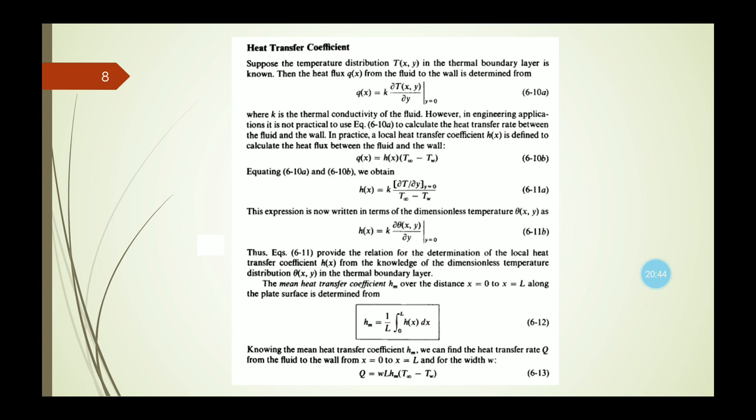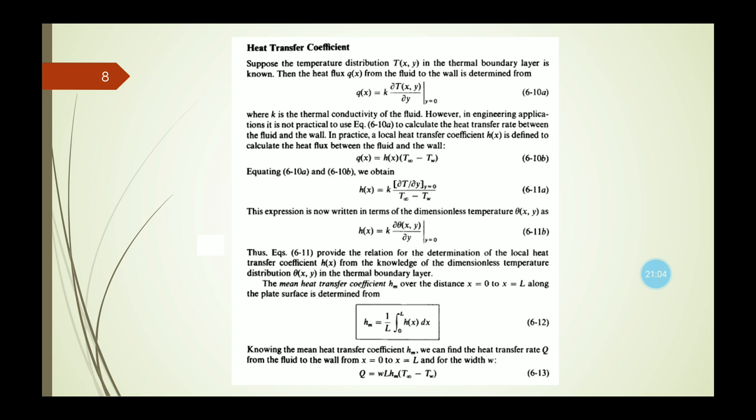Now if we want to find the average or mean heat transfer coefficient hm over the distance x equals to 0 to x equals to L along the plate surface, it can be determined from hm equals to 1 by L integration 0 to L hx dx.